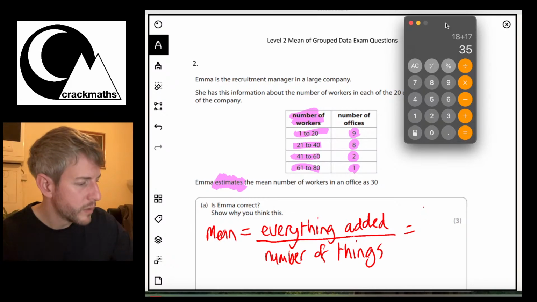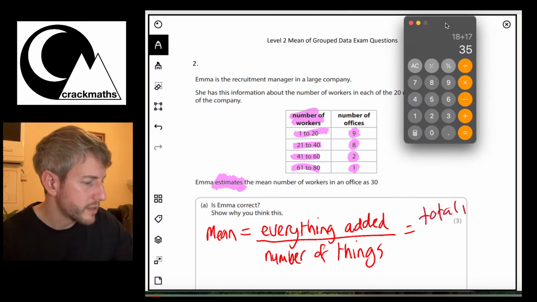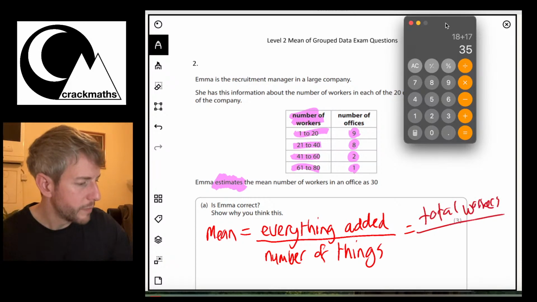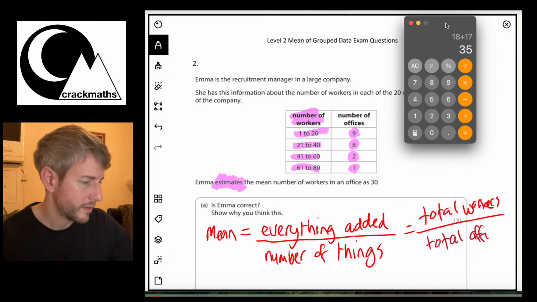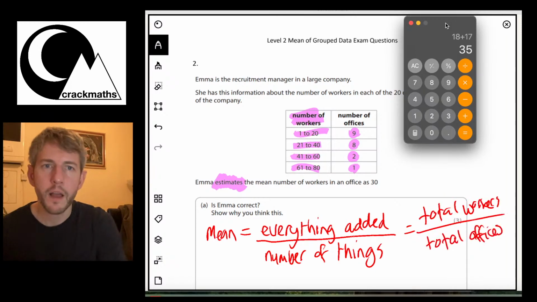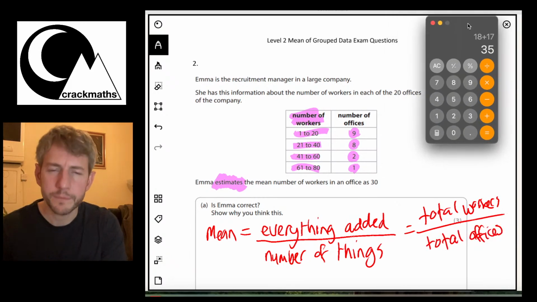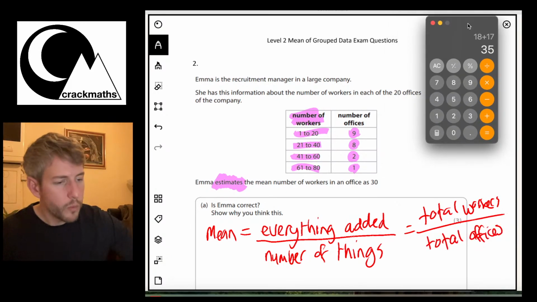So here we go. So this is total workers divided by total offices. Okay, let me just, yeah, there we go. So that's what we're looking for.